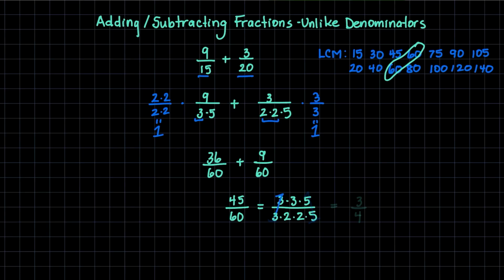They both have a common factor of 3, and they both have a common factor of 5. So those will simplify down to 1, and we're left with 3 over 4.